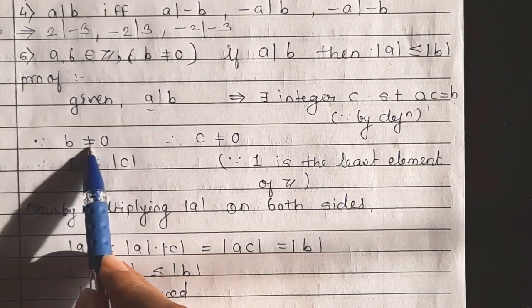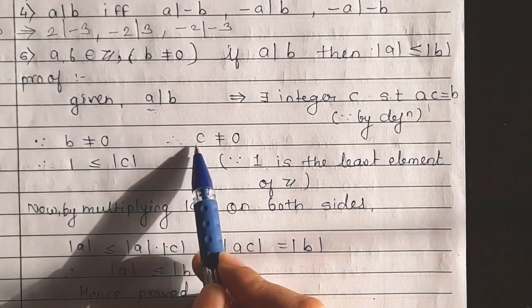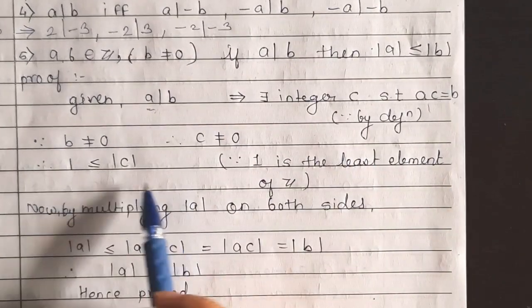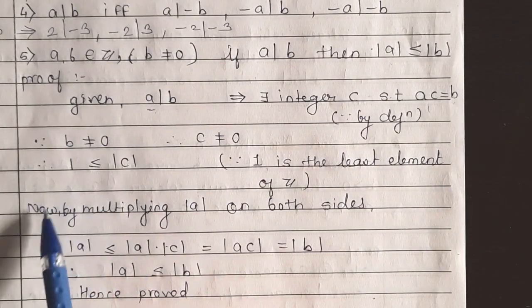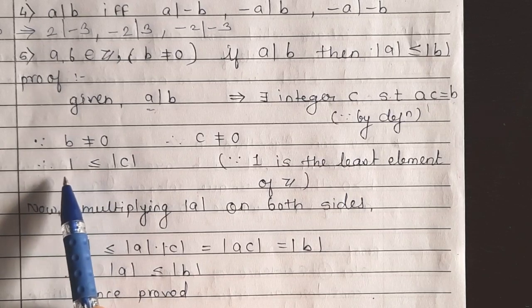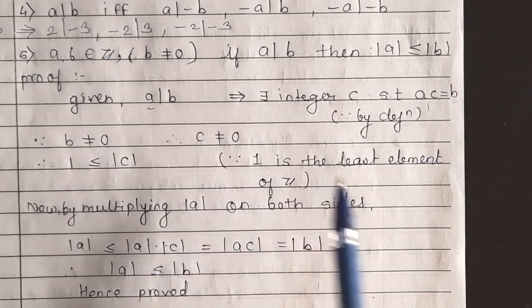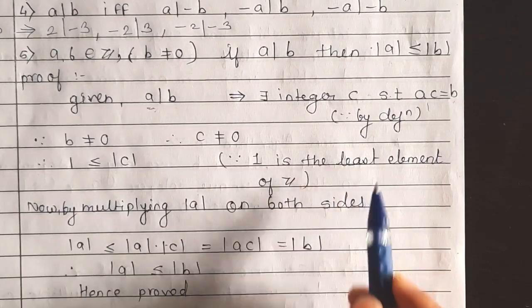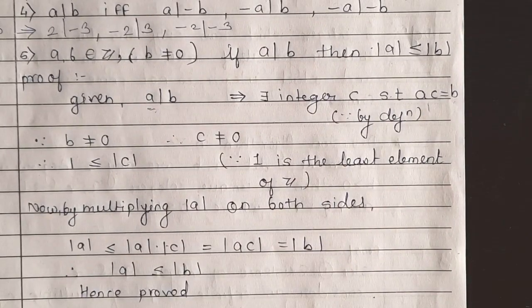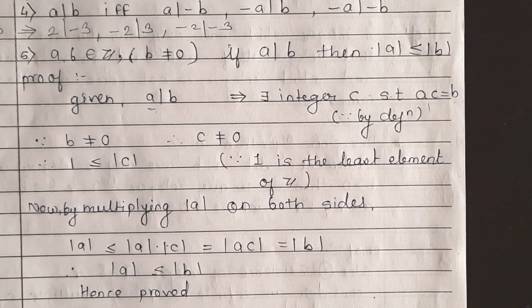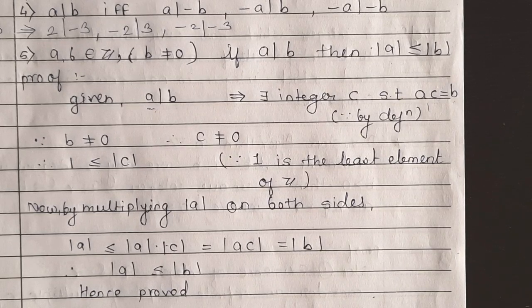Since B is not equal to 0, therefore C is not equal to 0. Therefore 1 is less than or equal to mod of C. Why? Because 1 is the least element of Z. If you saw my previous videos on integers, there we saw 1 is the least element of the integer set.